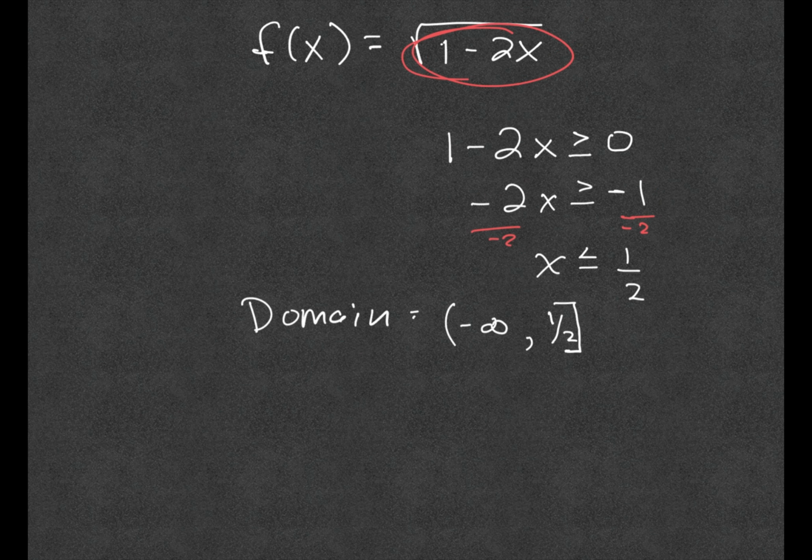What is the range? Okay, we're going to put that 1/2 in. When we put that 1/2, we're going to get 0 for y. And then it's going to go up to infinity because it's a positive square root. Little bit difficult, but bear with me. If you have questions about this, let me know down in the comments.